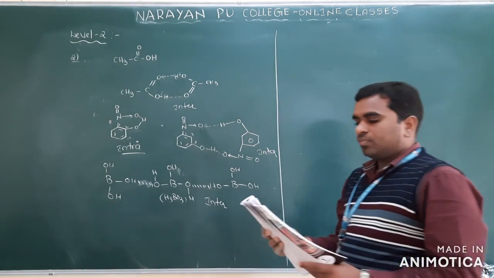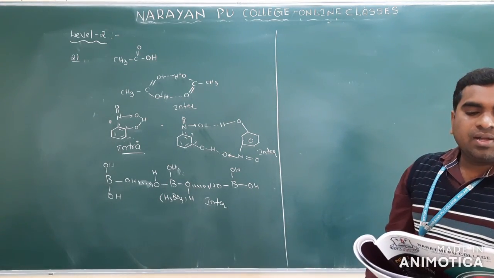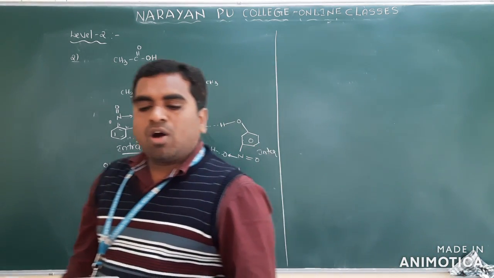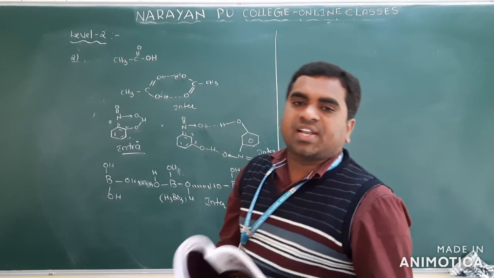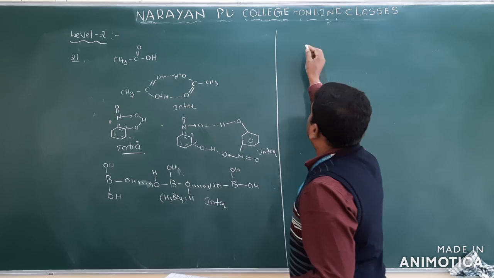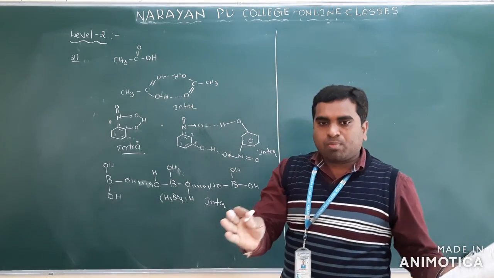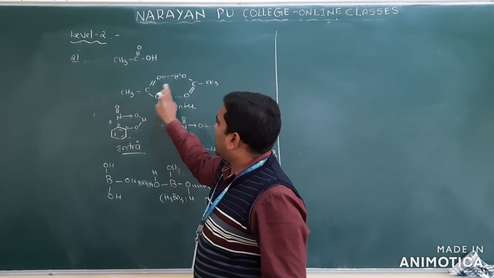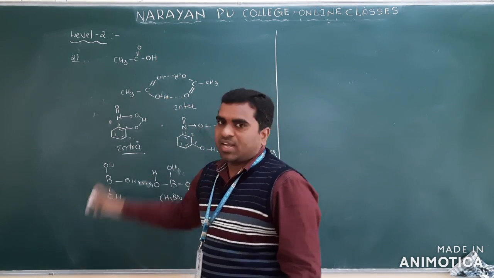In which of the dimerization processes is the achievement of the octet not the driving force? See the first one, AlCl3 dimer. Dimer means one molecule and another molecule form a dimer; dimerization of two molecules is involved here.